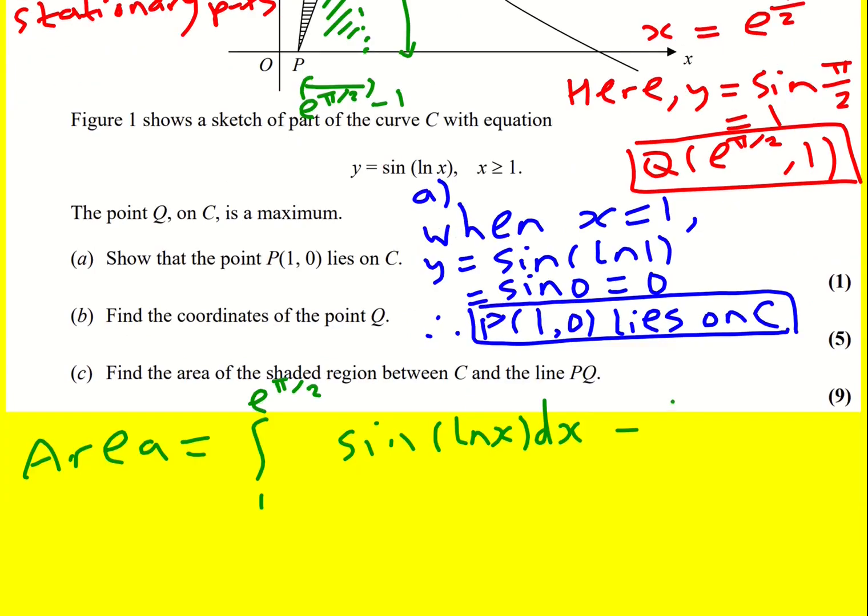So it's just going to be a half base times height. We're going to minus a half, e to the pi over 2 minus 1.